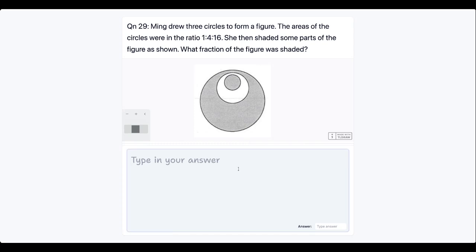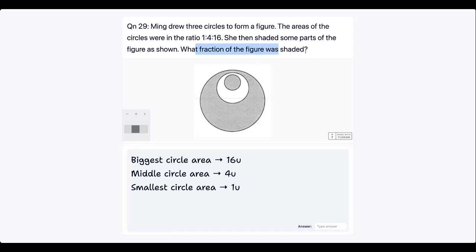Okay, so in this case over here, we know that the biggest circle has an area of 16 units, right? Then the middle circle area is 4 units. And the smallest circle area is equal to 1 unit. So for this, what fraction of the figure was shaded? You might be thinking, oh, we just add all together.